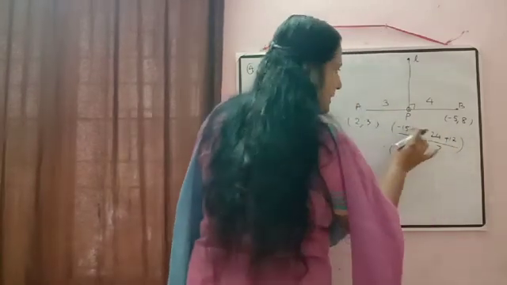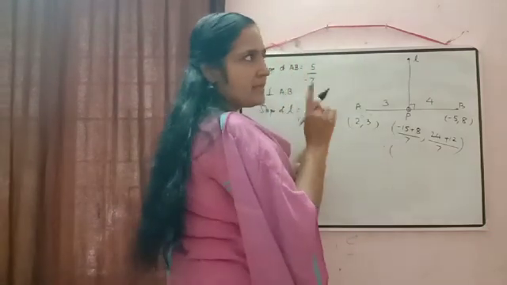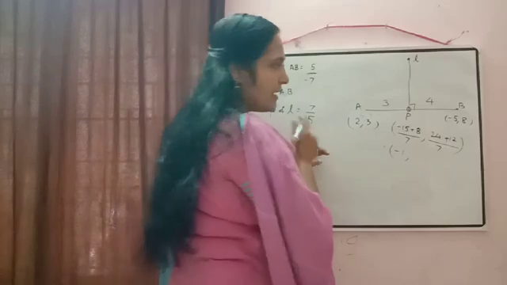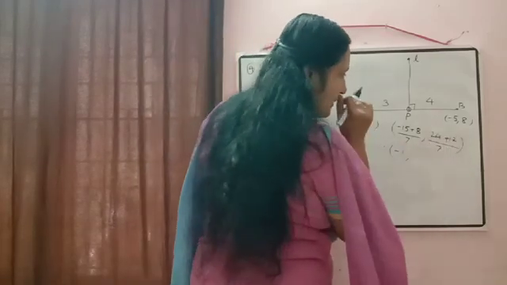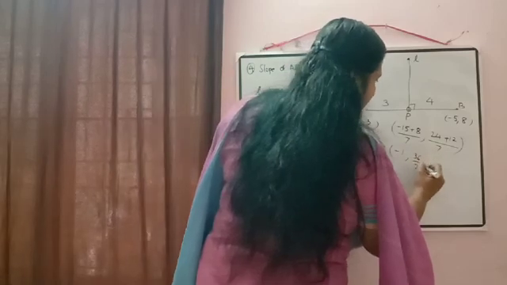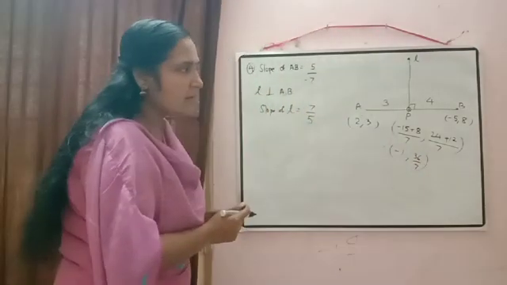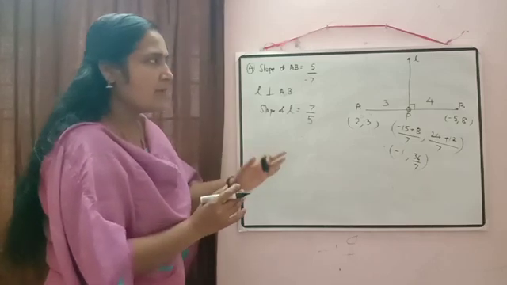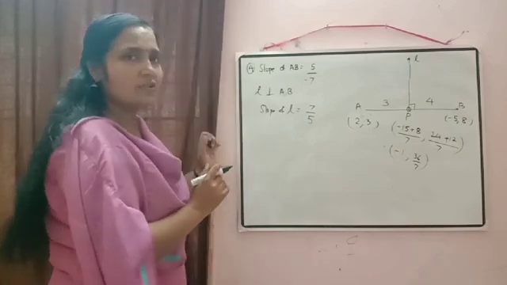So we will get here minus 15 plus 8, that will be equal to minus 7 by 7, so minus 1. And here 24 plus 12, so that will be equal to 36 by 7. So minus 1 comma 36 by 7. This we got there.